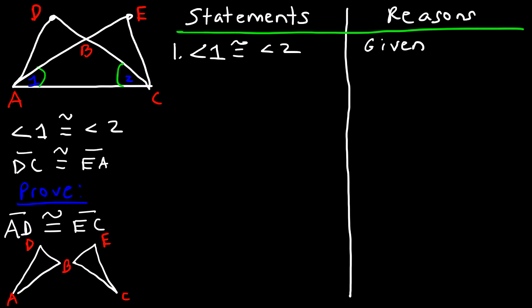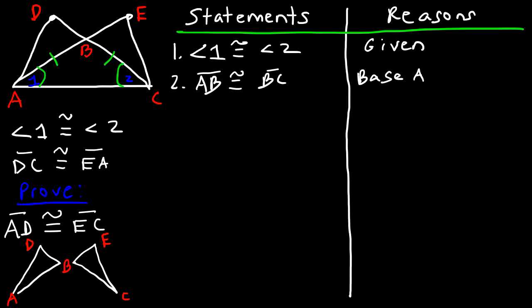Now let's focus on triangle ABC. That triangle is an isosceles triangle because two angles are the same, which means that the sides across those two angles, AB and BC, must be equivalent. So AB is congruent to BC. And we could say the reason for that is the base angle theorem.